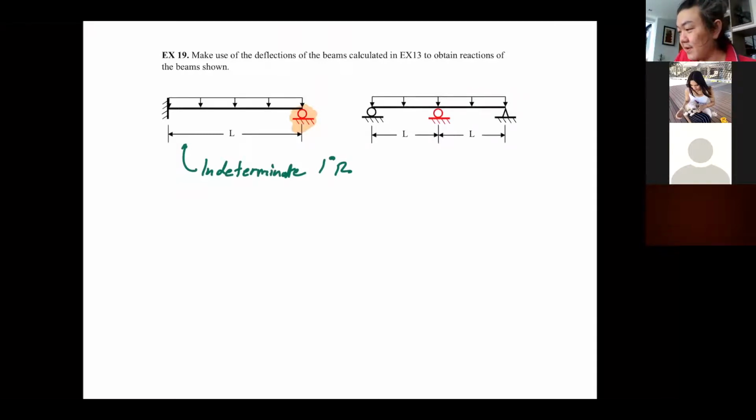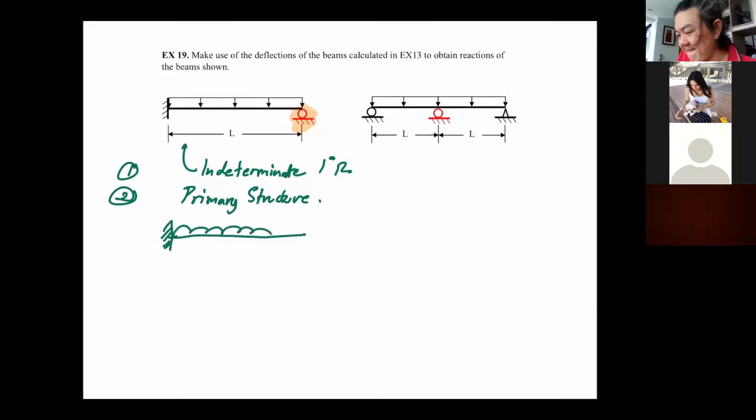So the first step is now done: determine the degree of redundancy. The second step is to create the primary structure. This becomes this. Remember that this is the actual structure.